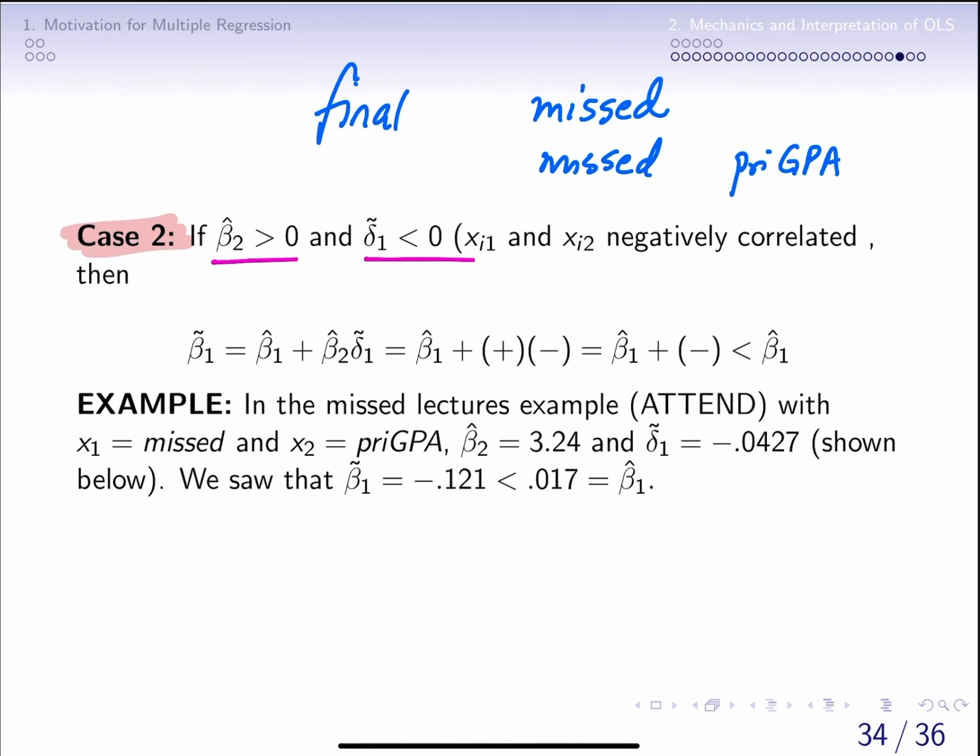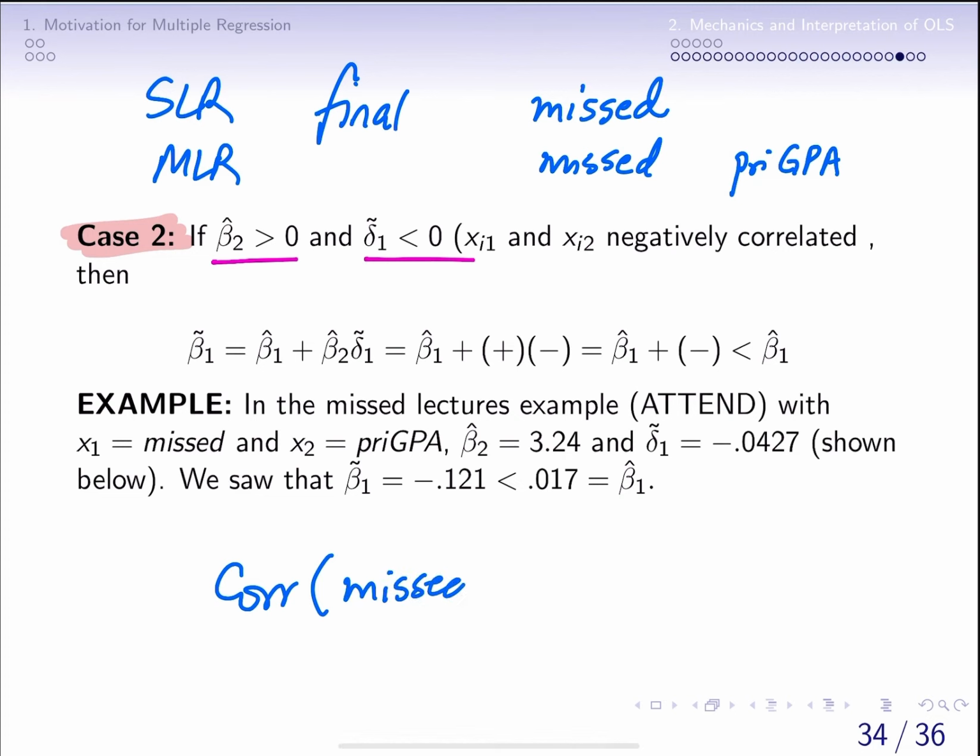Right? So this is our simple linear regression case. This is our multiple linear regression case. And we said that the correlation between missed lectures and prior GPA is actually negative.